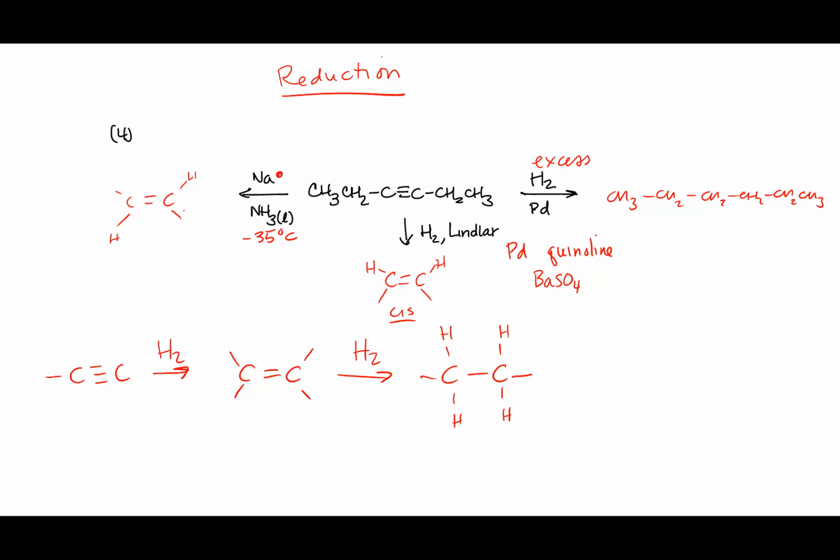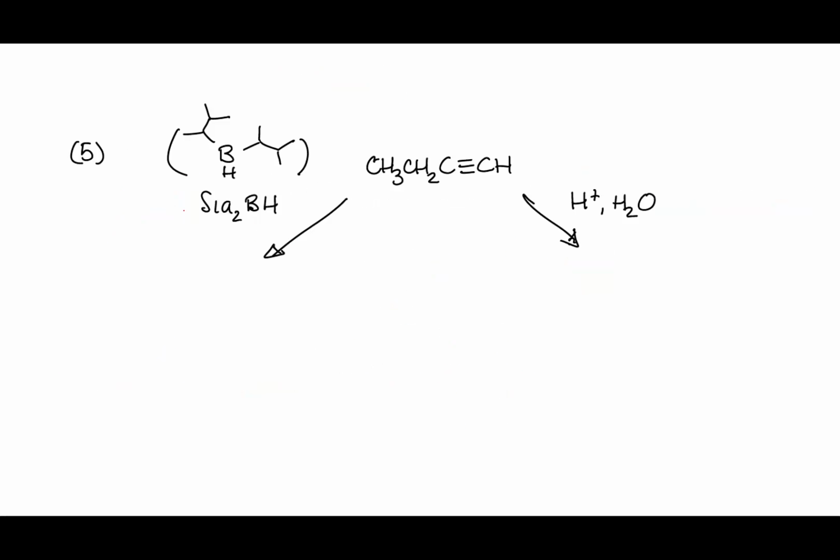Okay. And then the only other reaction that is different is this reaction of adding H plus H2O to an alkyne. And this reaction is different simply because I look at this and I go, okay, I'm adding H plus H2O. What two groups am I adding?